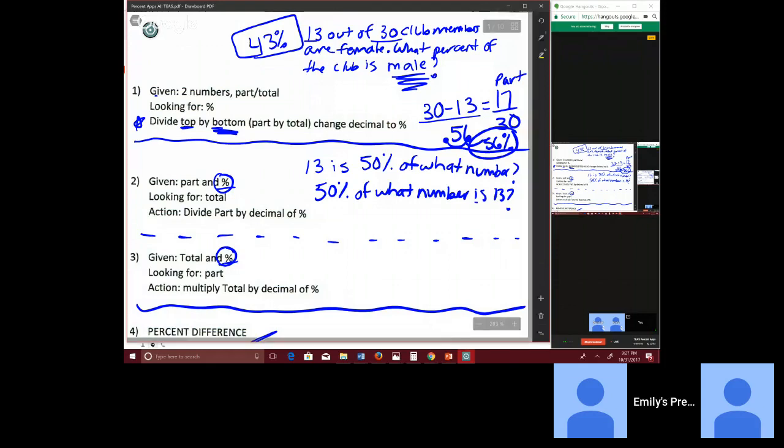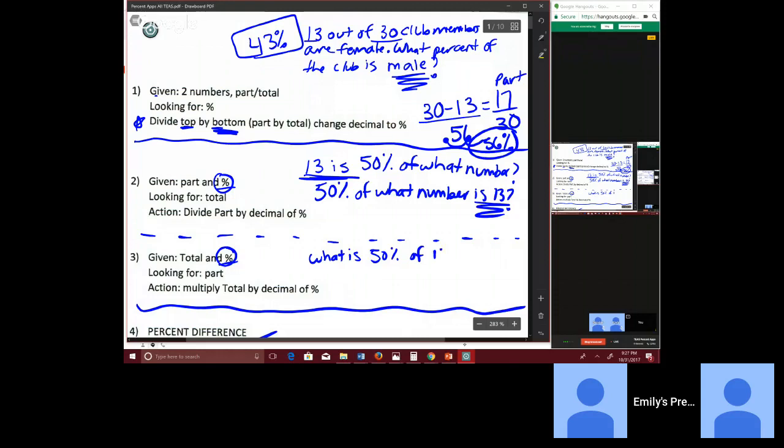This is written the same way. Both of them say that 13 is 50%. They say it in one direction or the other, rather than asking you to find 50% of 13. Now, if you had the exact same numbers with the percent sign on the same one, and you had it in a scenario 3, it would say, what is 50% of 13?